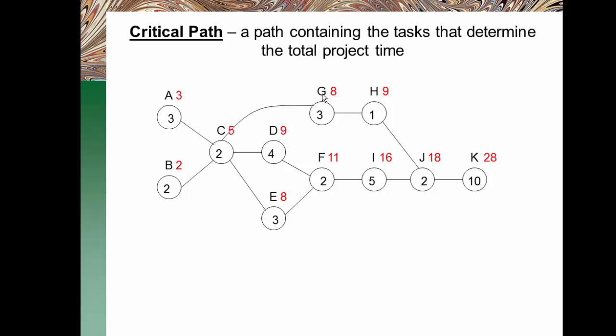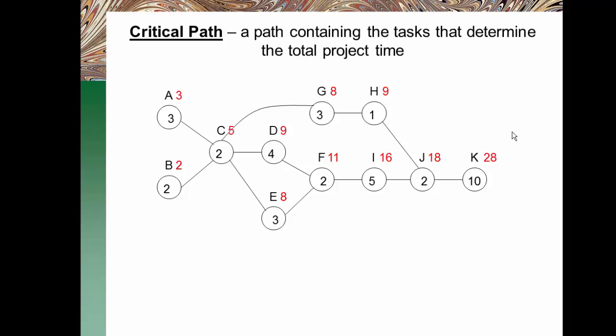Here, for example, even if in task G we can improve from 3 to 2 days, then this would have been 7, and this would be 8, but the 18 here would still be the same, because that really depends on the maximum number.